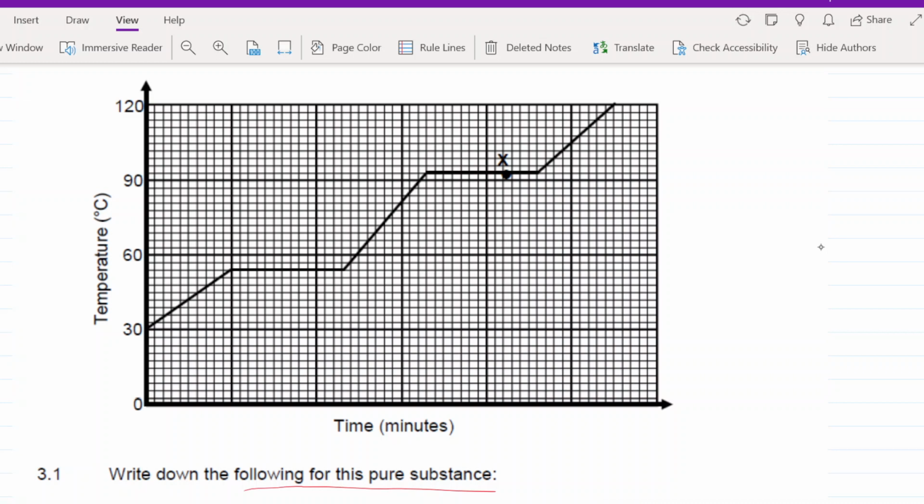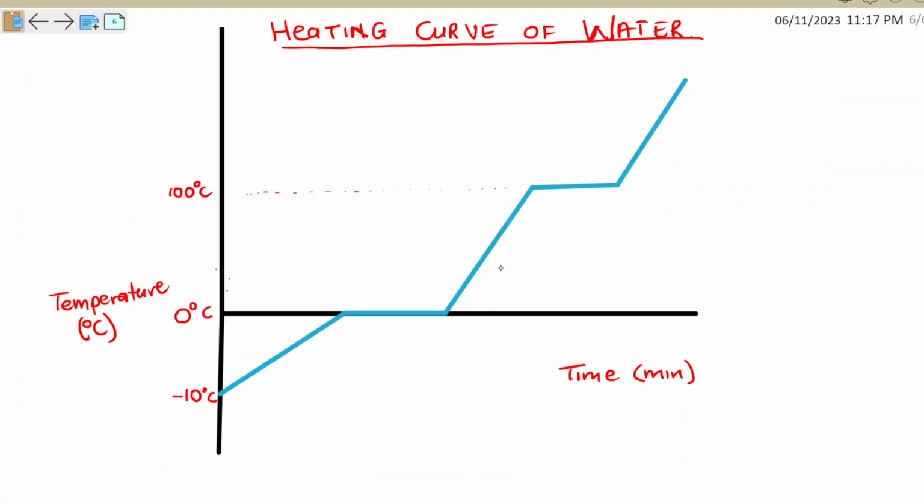Now, before we go to the graph and answer this question, let me quickly explain the heating curve with the boiling point and the melting point. In this example, we have a heating curve of water. The graph looks like this. You have this straight line curve.